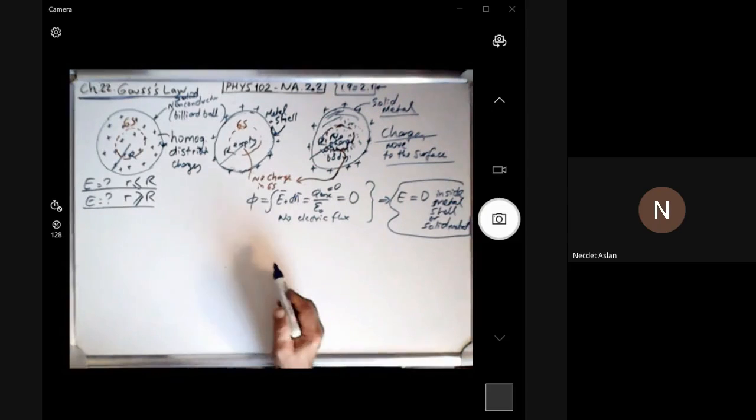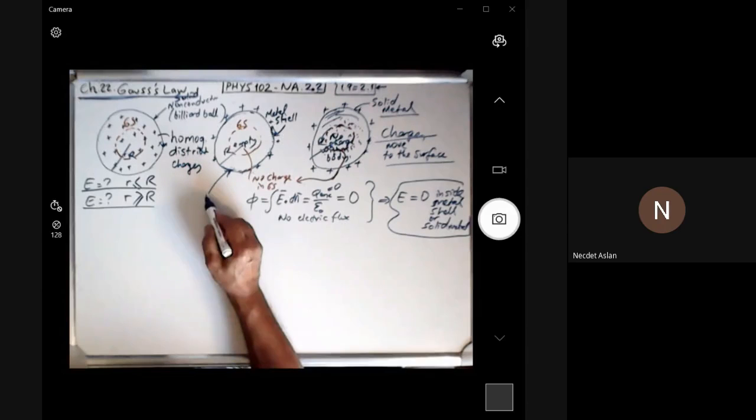This is very nice, especially when it is empty, because this is now called Faraday's cage. And the electric field inside Faraday's cage will be totally 0.